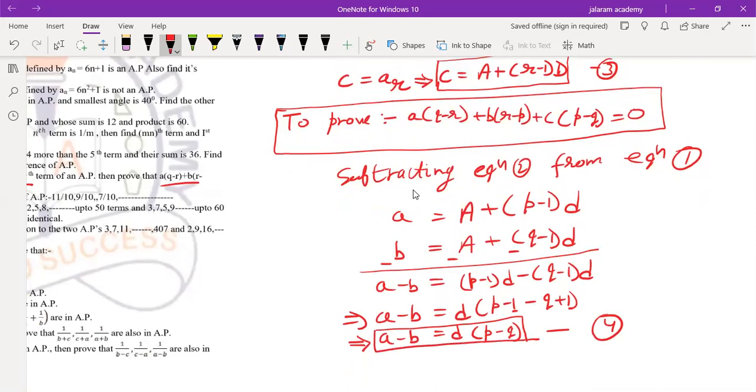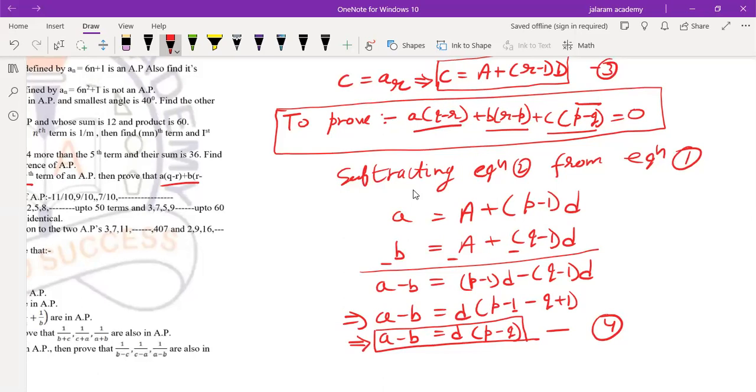So if you look at the proving which we have to do, A into Q minus R plus B into R minus P plus C into P minus Q equals to 0, we have to prove. And there is a part P minus Q in this.